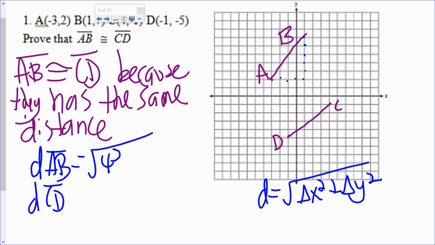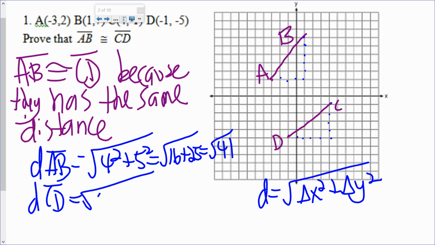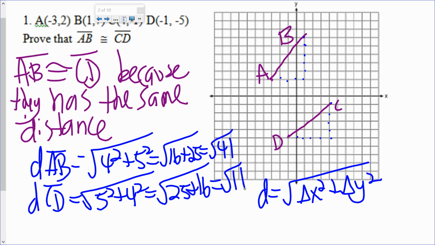Delta x is 4. Delta y is 5. Add 41. DC, 1, 2, 3, 4, 5. 1, 2, 3, 4. 5 squared plus 4 squared. 25 plus 16. Rad 41.